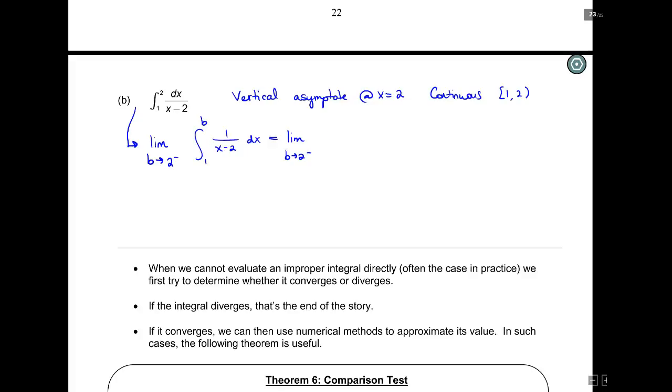So in this case, I'm going to have ln of x minus 2. We want to evaluate this from 1 to b. So we get limit as b approaches 2 from the left, ln of b minus 2 minus ln of 1 minus 2.